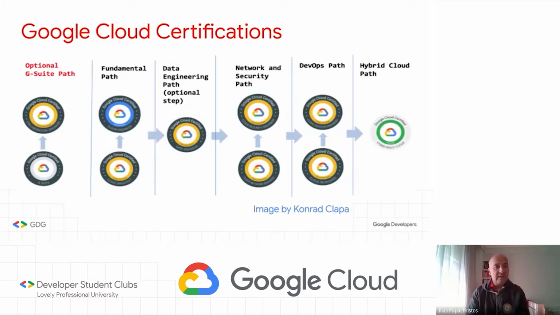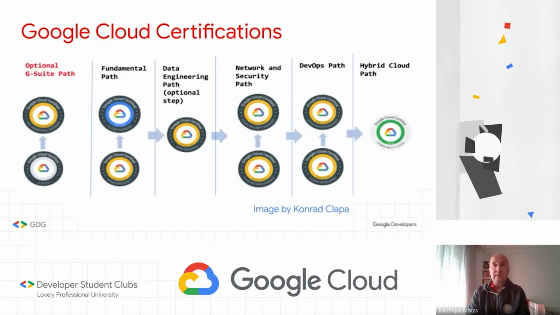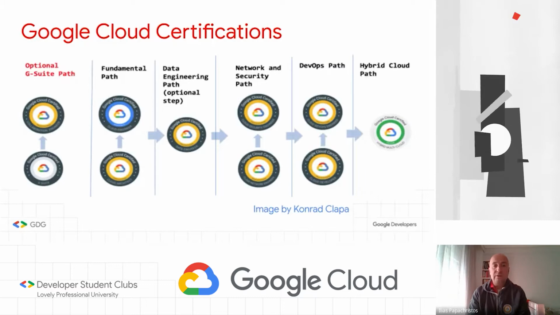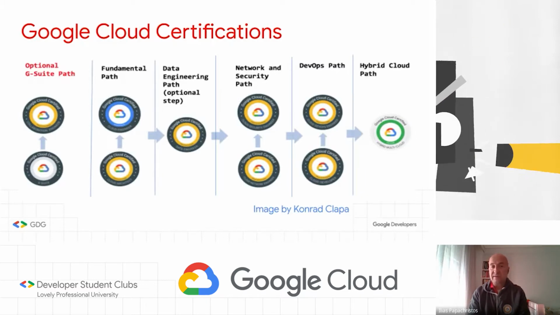Then it's the data engineer professional certification, and over there we can put also the machine learning certification. It's new. I think it has about 3 months now. Then we have the network and the security. Of course, if you are an architect, then you need to know how to create the perfect network for what you have architected. And of course, you need to secure it perfectly.